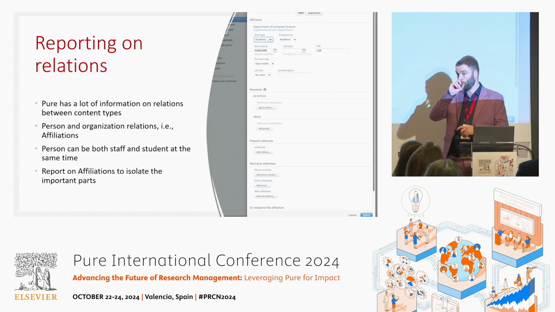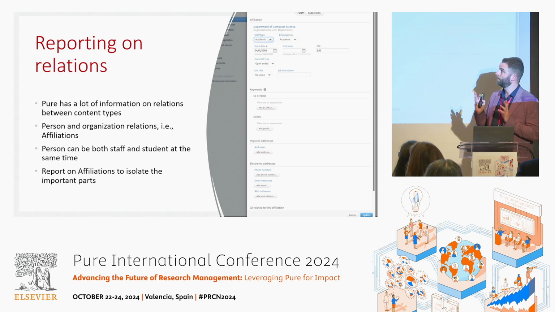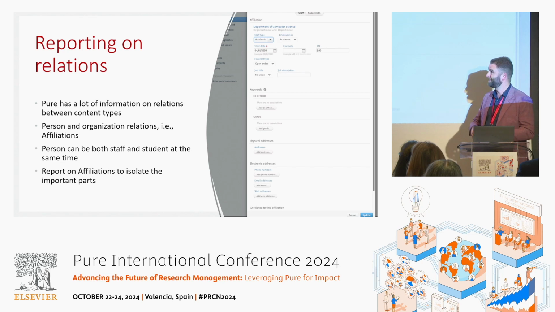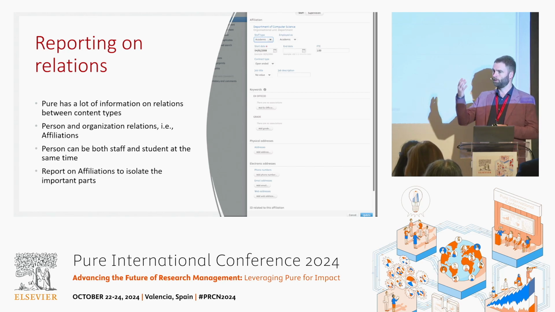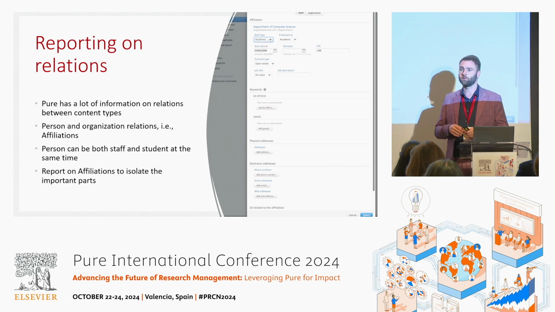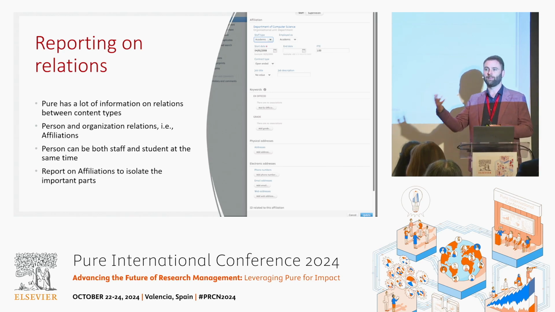I mentioned this in the workshop yesterday also, and I think it's an important piece of information to understand for Pure. It's the relations. We heard in the talk just beforehand, if anyone was here, that they were using the affiliations in Pure to add in the staff type to do a type of report, right?